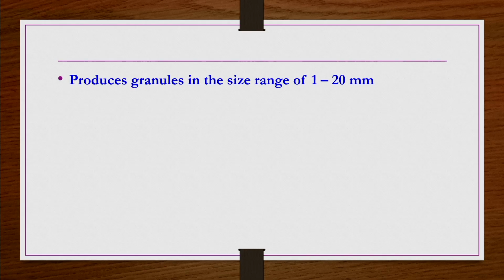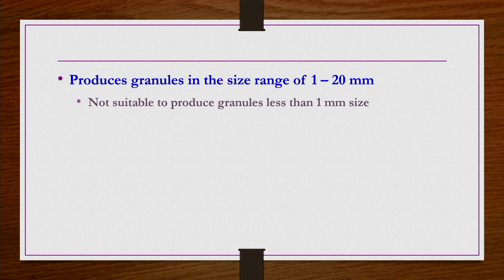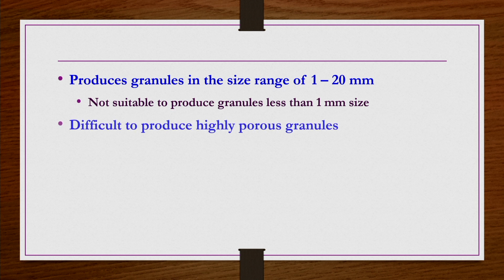Further, they produce granules in the size range of 1 to 20 mm in general, and they are not suitable for producing granules less than 1 mm, because there is no control of the granulation process in this kind of tumbling granulator.